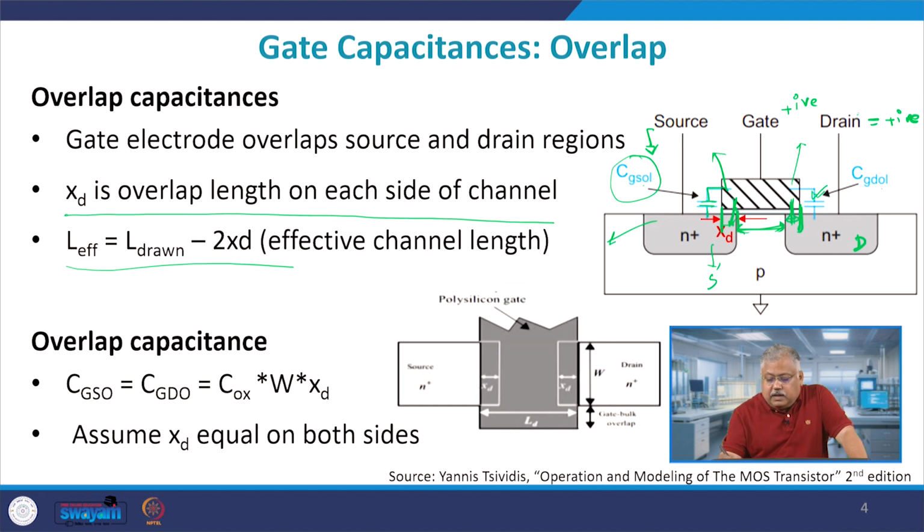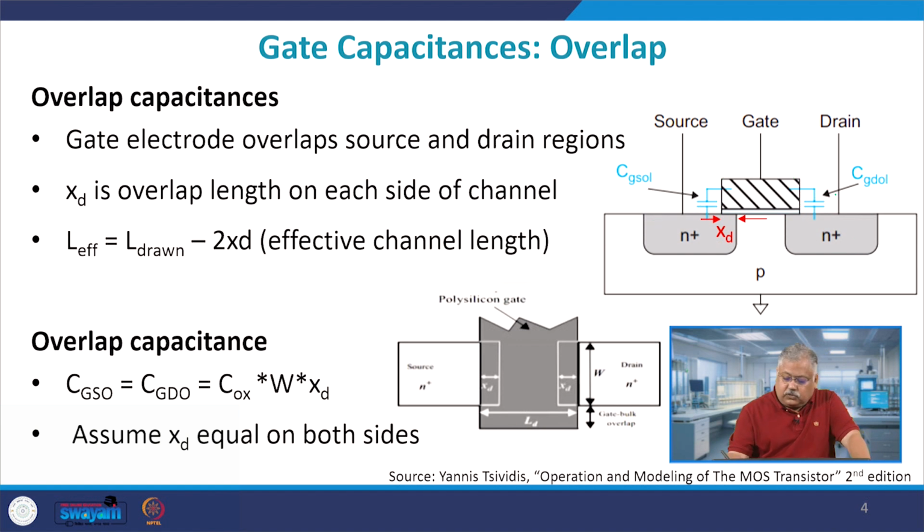That is, as you start increasing the drain bias, let us suppose you want to increase the drain bias here, and you are going on increasing it, the depletion region here becomes larger and larger, and your effective channel length goes on reducing.